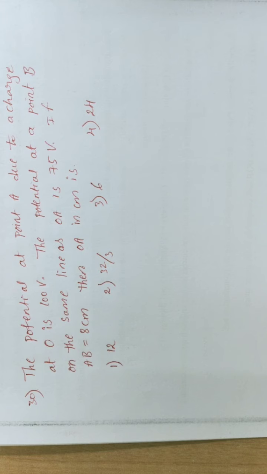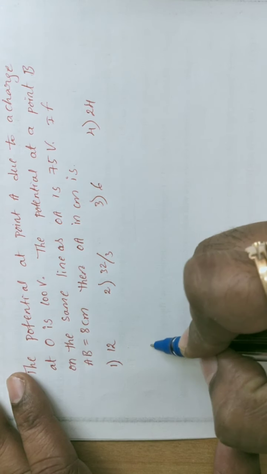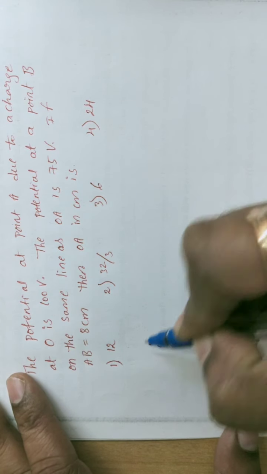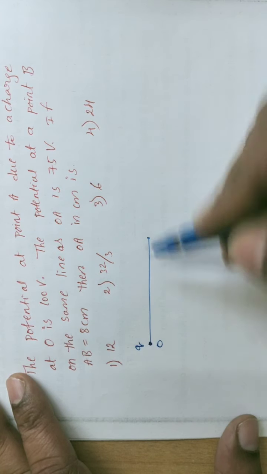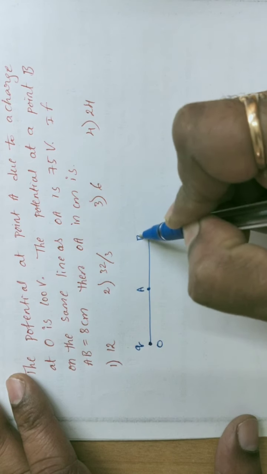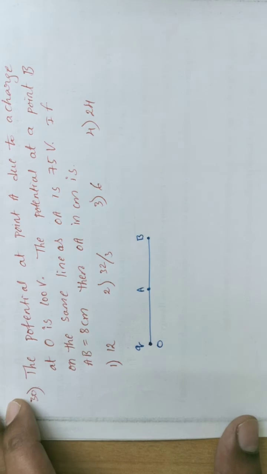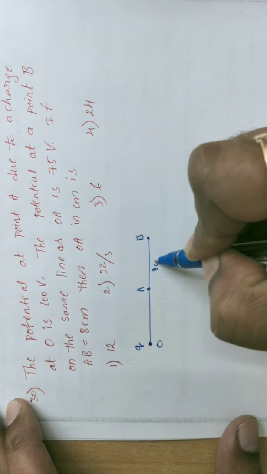Observing the question, from the given data, for example this is a point O where the charge is present, on one straight line. This is point A and this is point B. Between A and B the question clearly mentions 8 centimeters.